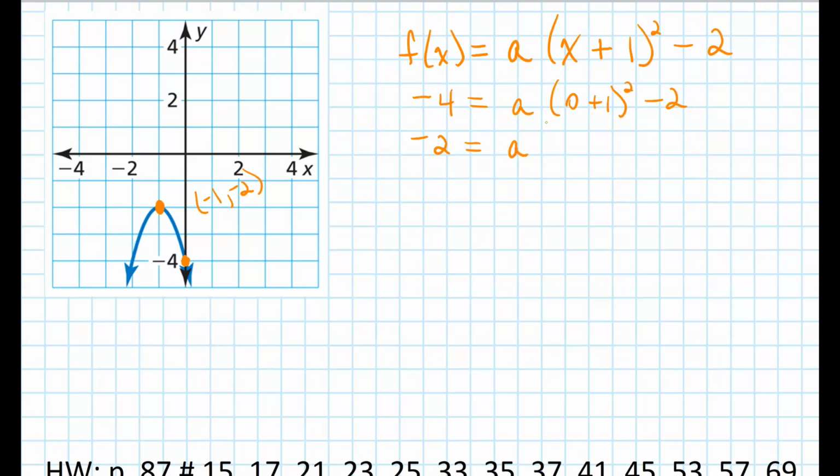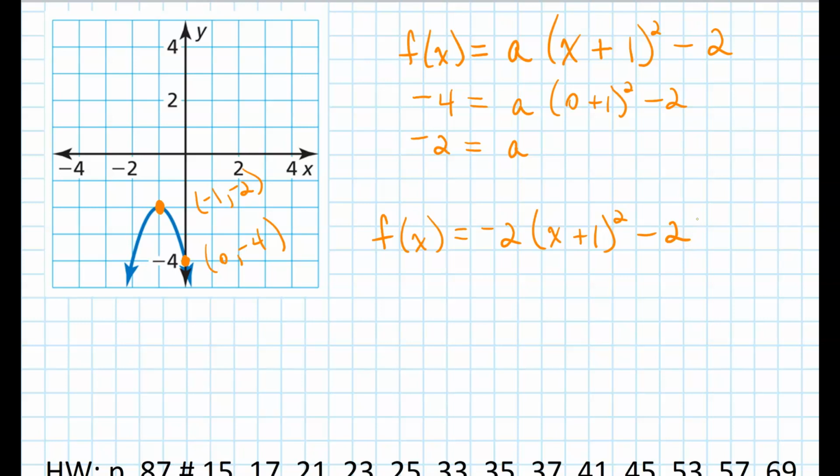Negative 2. Why are we doing negative 4, 0? Because of this point here. So f of x is equal to negative 2 times x plus 1 squared minus 2.